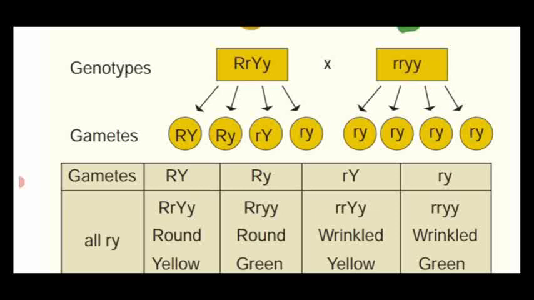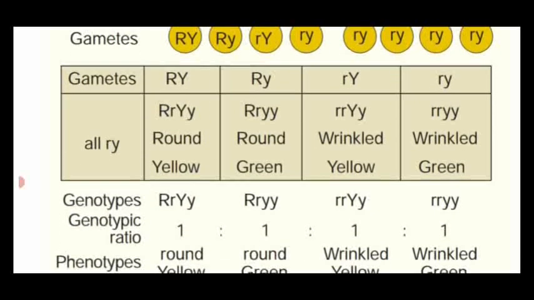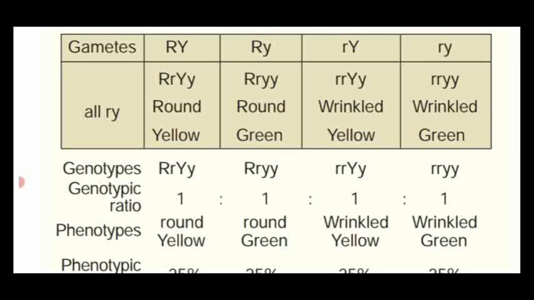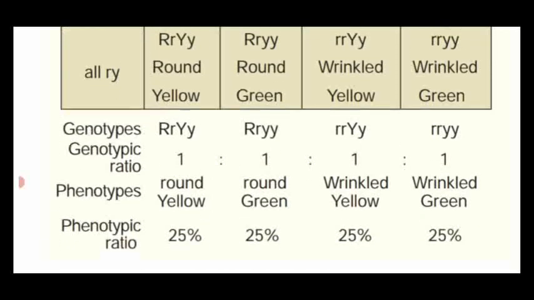Likewise, here also they are crossed, but the same alleles are present here, so we are getting only RY and RY. Both of them crossed together, the ratio we get is 1:1:1:1. That is round yellow 1, round green 1, wrinkled yellow 1 and wrinkled green 1.